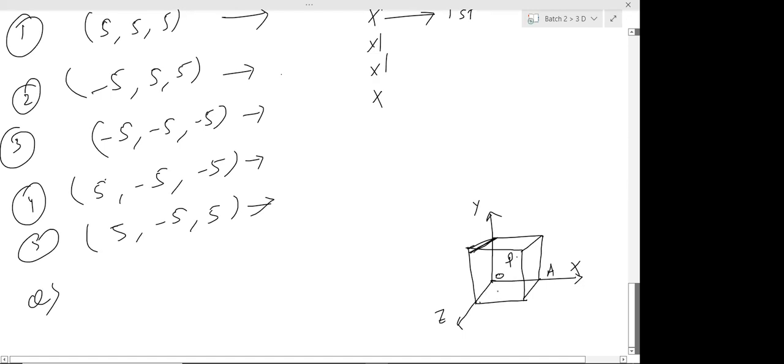This A, B, and C, D, F. The coordinates of P is A, comma B, comma C. Write it here.